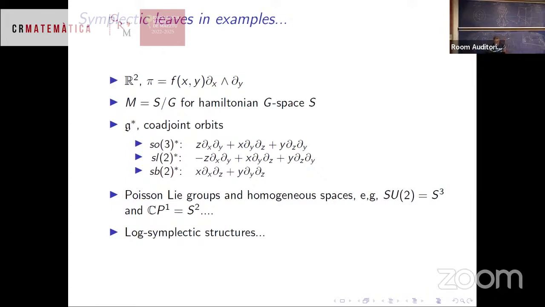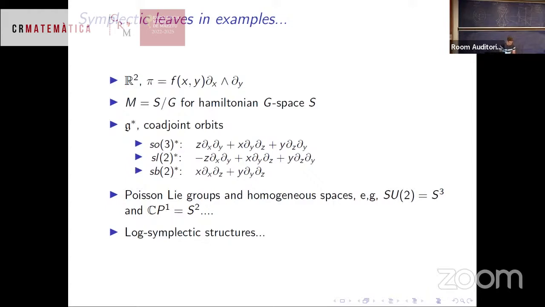Okay, right, and this example of log symplectic, I should say something about that then.